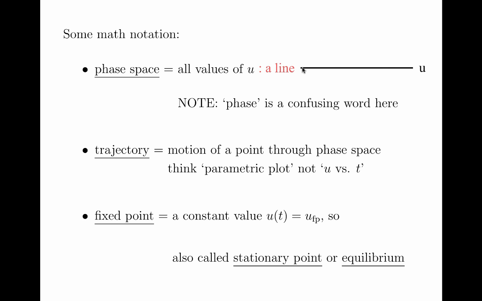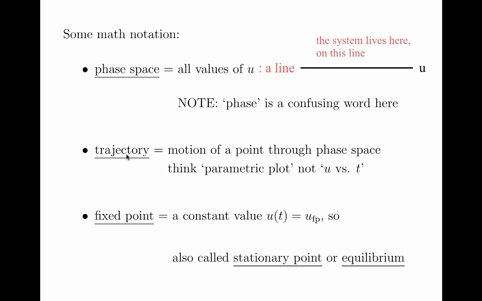We can imagine this line goes off to negative infinity and positive infinity. So our one-dimensional system lives here on this line. One note, this idea of phase is confusing, especially confusing in neuroscience. Phase can have lots of different interpretations in neuroscience. Here, phase space will refer to this particular object, the entire space in which our dynamics can live.